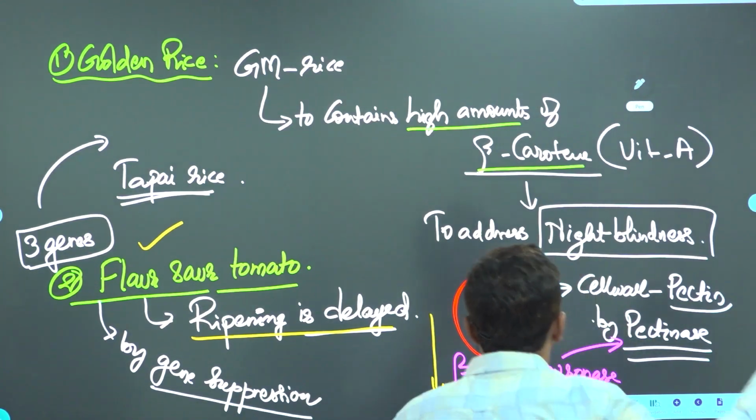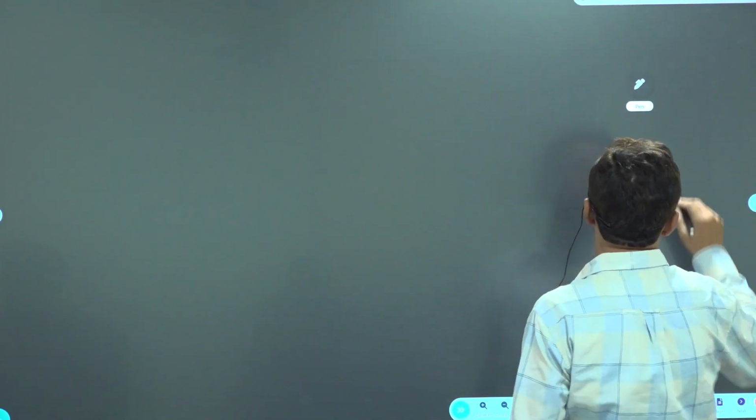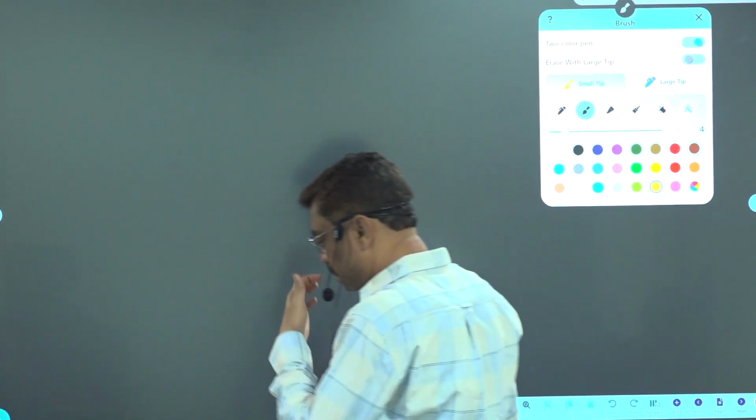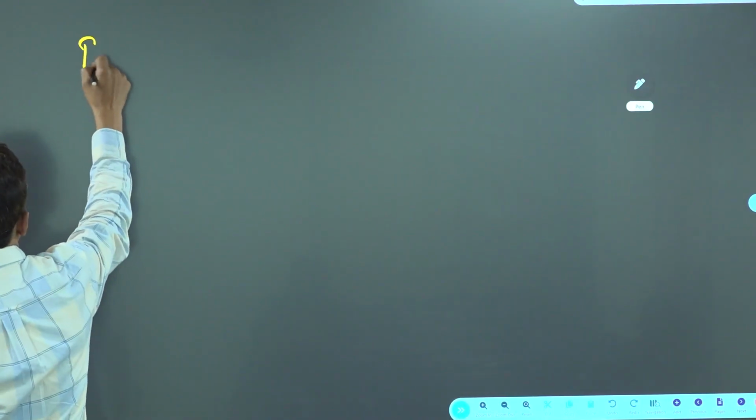Right. So another one is BT cotton or BT brinjal. So both are one and the same.